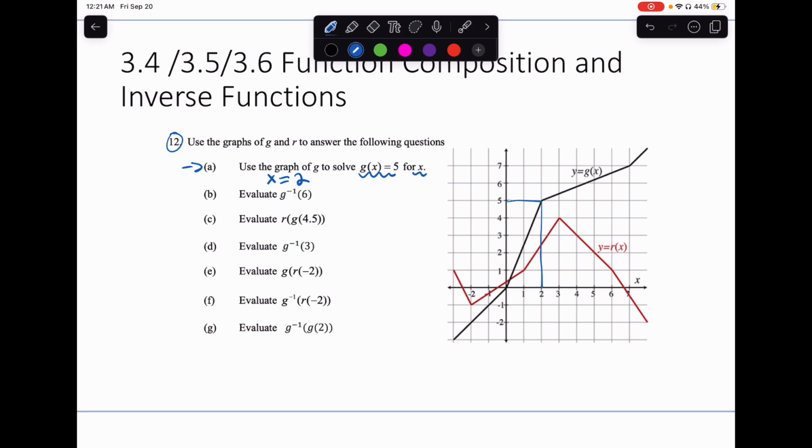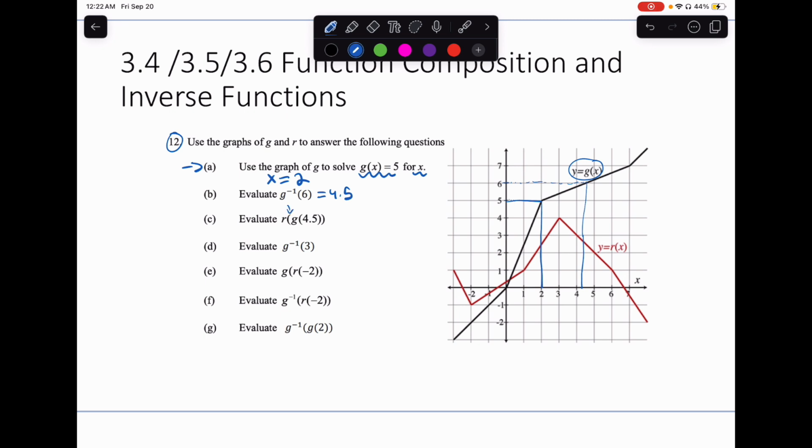Now here, we have g inverse of 6. If 6 is the input to the inverse function, that means it's our output for g of x. So when g of x is 6, we want the associated x value. Just estimate right there a little bit, right? The associated value is about 4.5. Now this next one, we don't have any inverses involved.